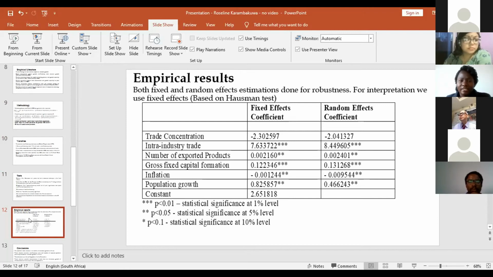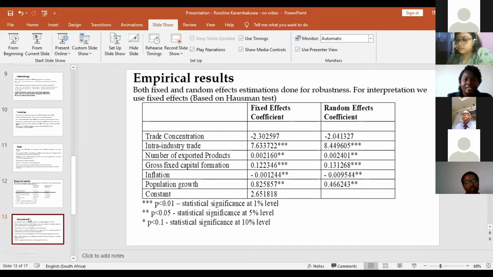Intra-industry trade is significant at 1% level. Number of exported products significant at 5%. Gross fixed capital formation significant at 1%. Inflation significant at 5%, but it is inversely related to GDP growth, whilst population growth is significant at 5% level.